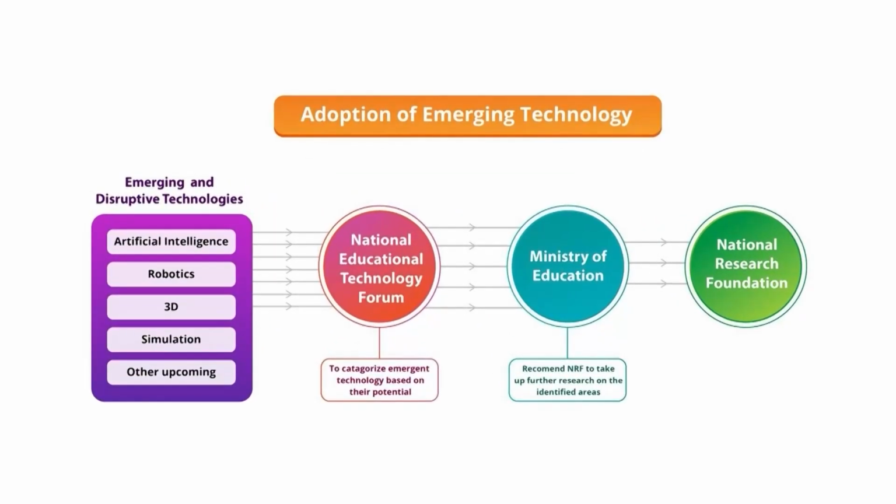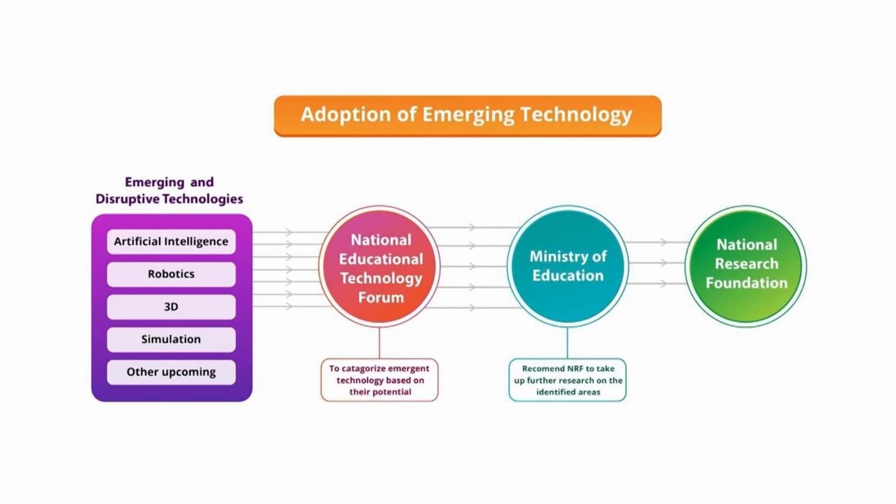If you look at the adoption of these emerging technologies like artificial intelligence, robotics, 3D simulations and other computing, of course the educational policy has talked about three important things.